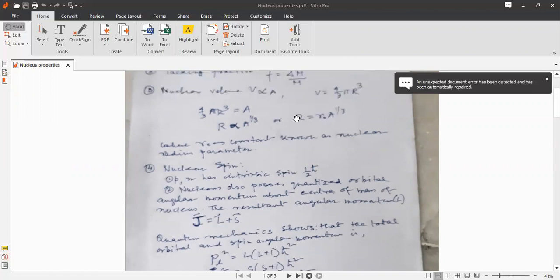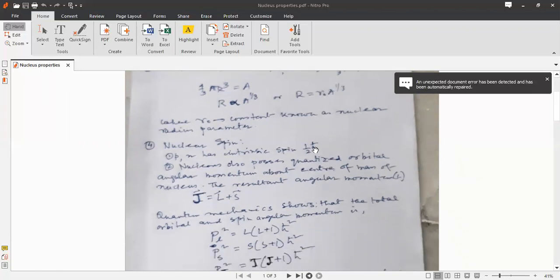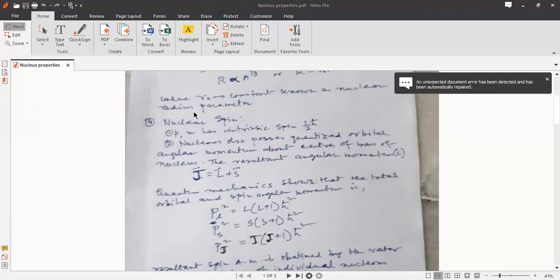So this simple relation gives us a way to get an idea of the possible radius of the nucleus. Now, the third important point is nuclear spin.